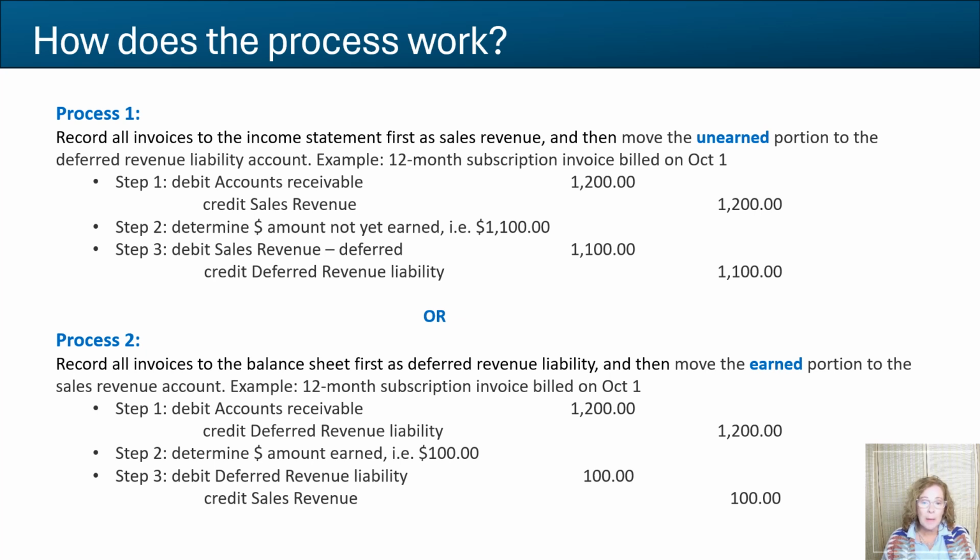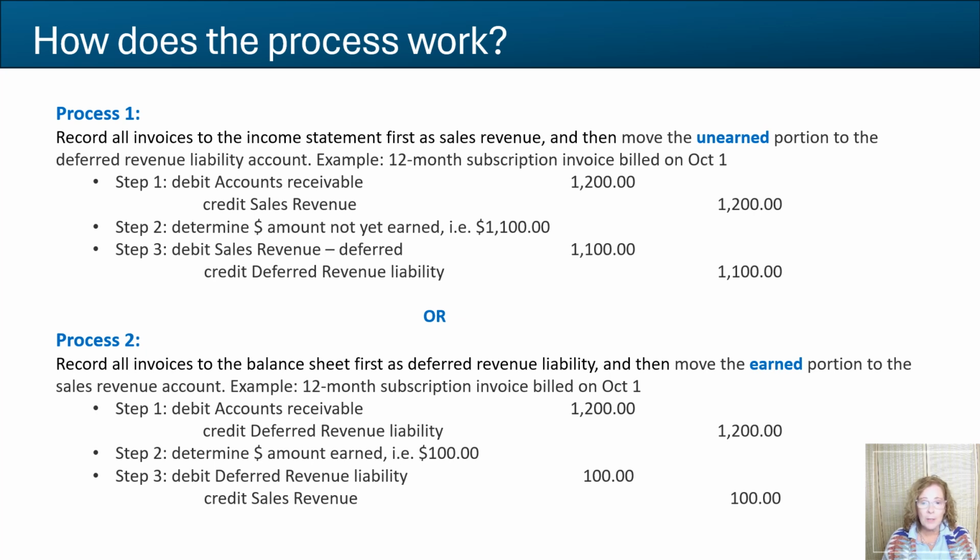Then we determine at month end how much of this invoice has not yet been earned. $1,200 divided by 12 months equals $100 per month, and it means that the company earned $100 for the month of October and $1,100 is deferred. That means that we debit a sales revenue account, I use the sales revenue deferred account, and credit deferred revenue liability for $1,100.